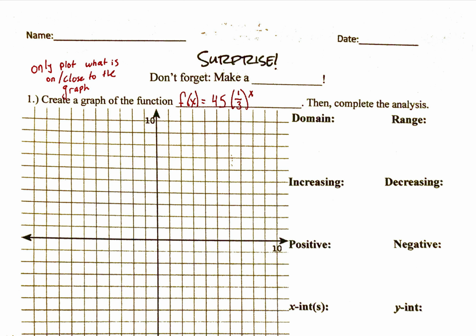The first thing, and I really have tried to make a strong emphasis on this all year, is that you should never forget to make a table. That's really important. Throughout high school, you're going to come upon different types of functions.